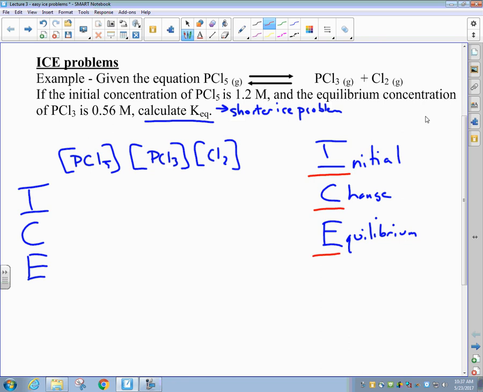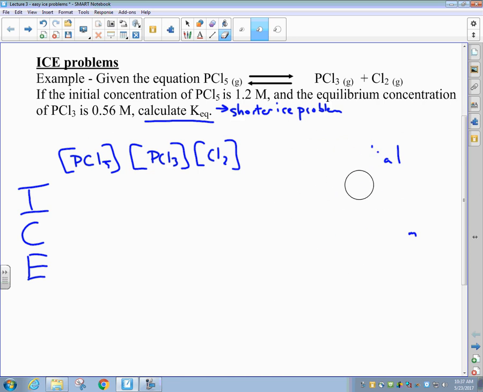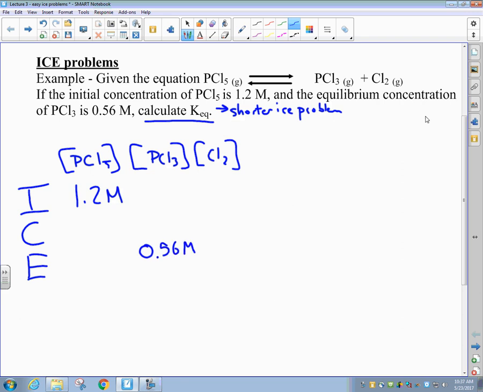So now that we've got those terms defined, let's go ahead and fill in the information that we have in our chart. We have an initial concentration of PCl5 at 1.2 molar, and we have an equilibrium concentration of PCl3 at 0.56 molar.